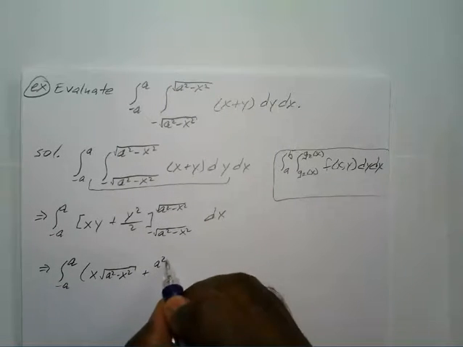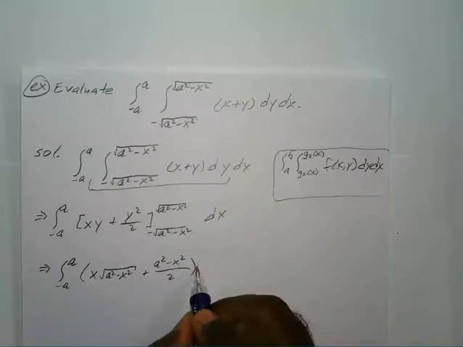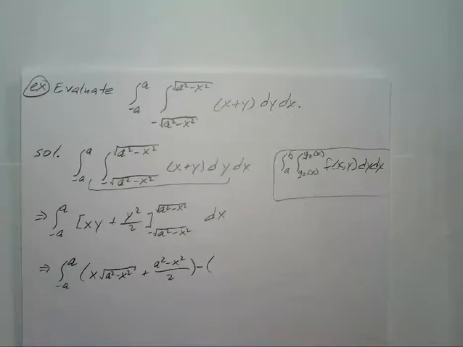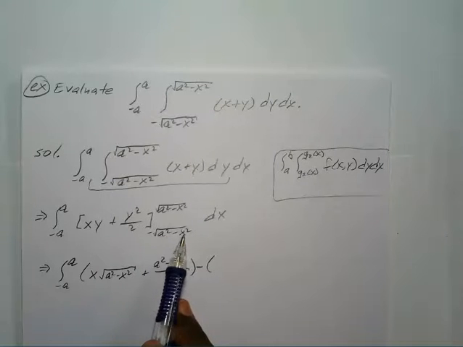So it's a squared minus x squared over 2 minus, you have negative square root of a squared minus x squared.